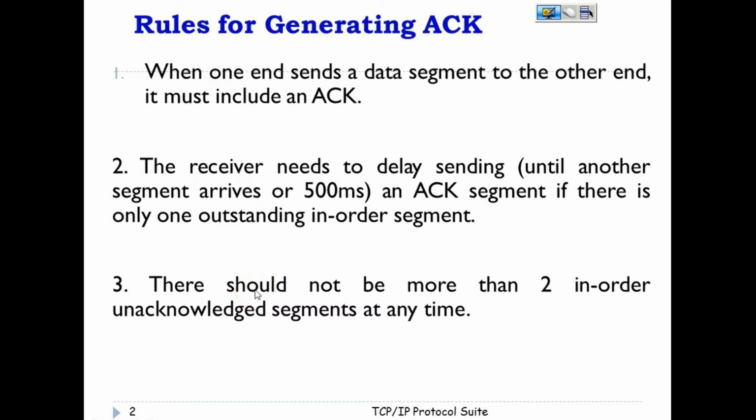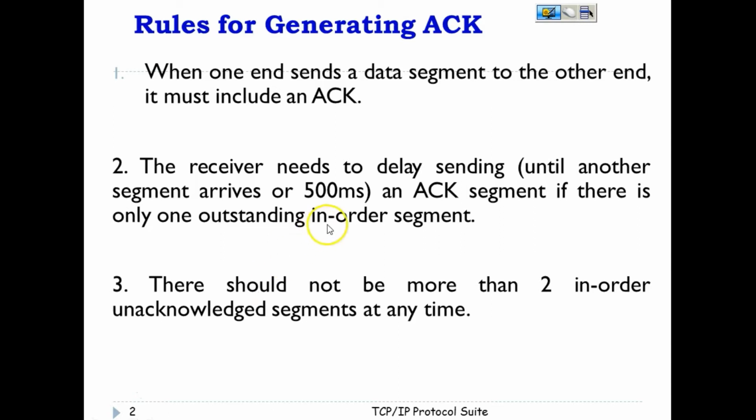Rule number 3 says there should not be more than two in-order acknowledgement segments at any point of time. The meaning of this is that whenever a receiver gets two segments, it has to acknowledge immediately.